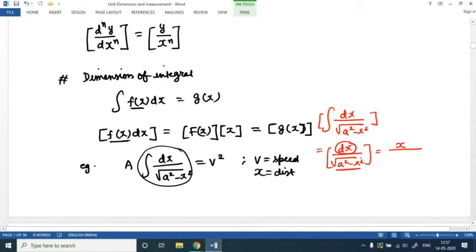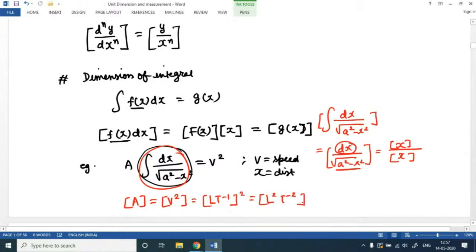So you understand this quantity here is dimensionless. So that clearly gives the dimension of a would be the same as the dimension of v square. That would be (LT^-1) whole square, or you can say L^2 T^-2, right?